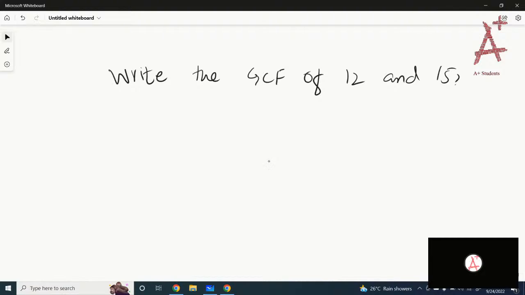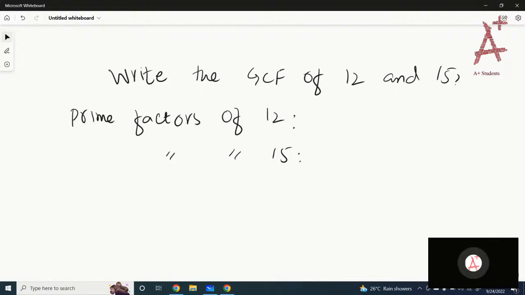Write the prime factors of 12 and the prime factors of 15. Okay, for 12 they are 2 times 2 times 3, and for 15 they are 5 times 3.